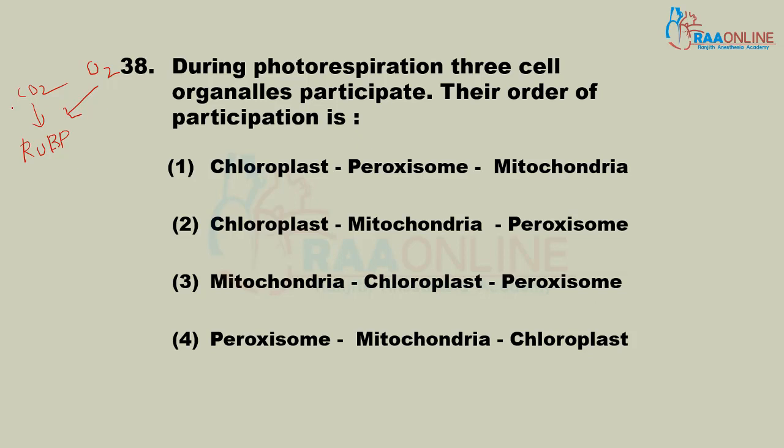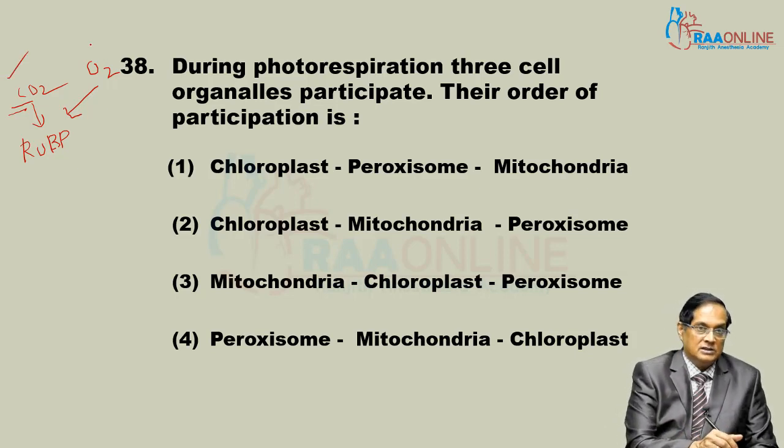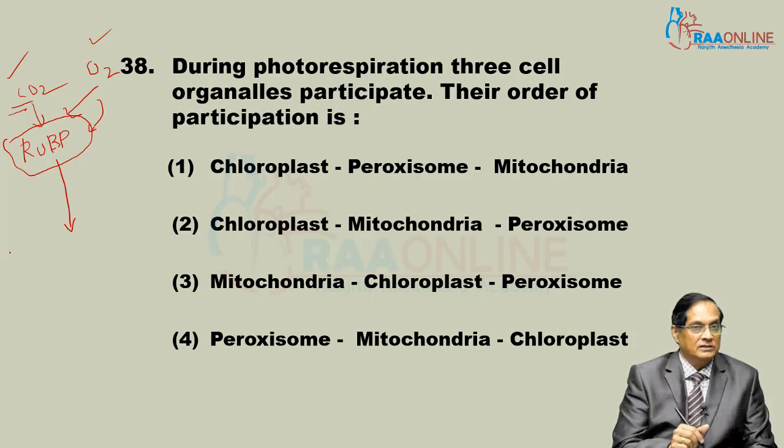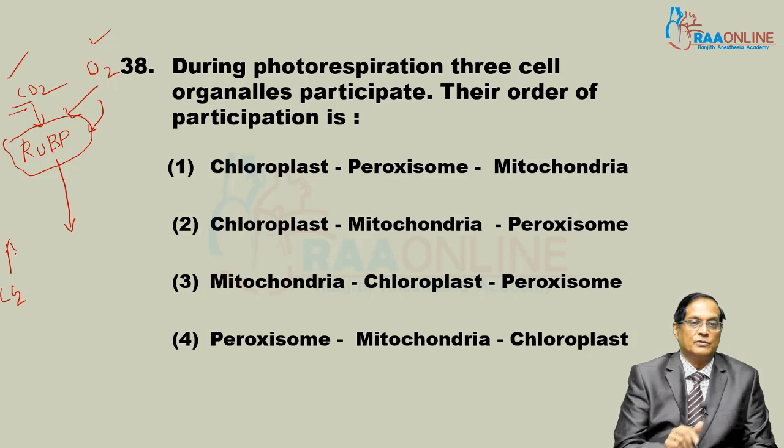If CO2 is not available in sufficient amount, and the atmosphere is already rich in oxygen, in that case RuBP undergoes conditional oxidation during the daytime. So instead of reduction of carbon dioxide, CO2 is evolved in this process.